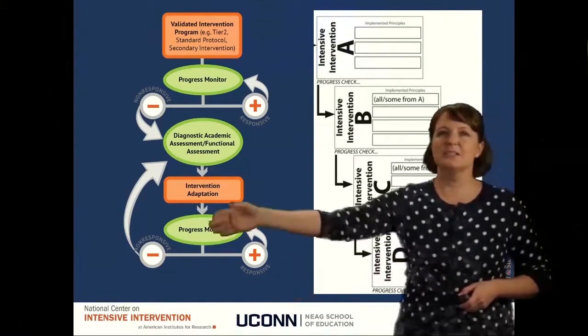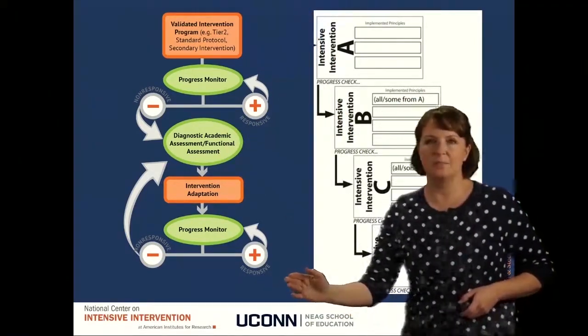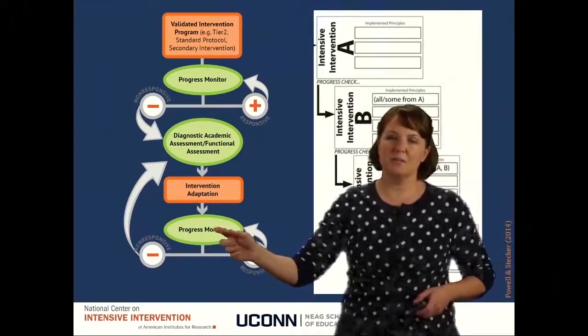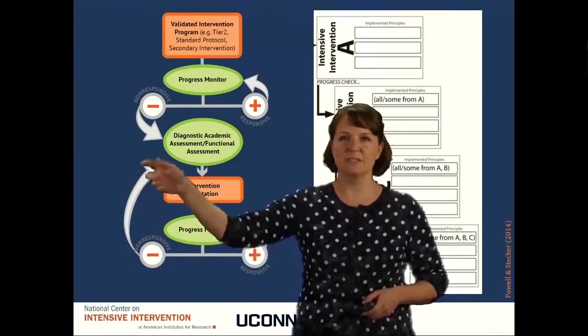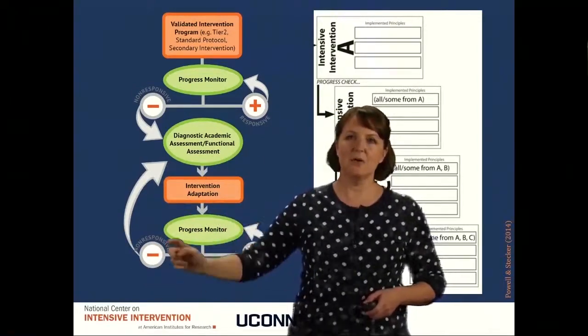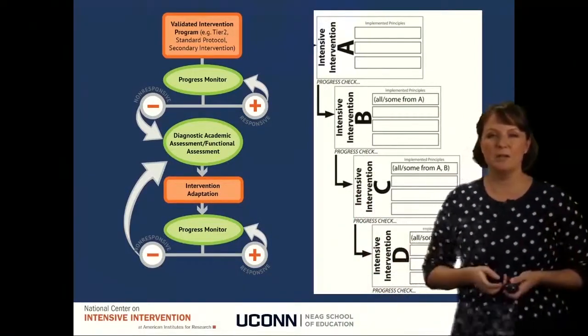And so that's why this is a process. It's not just a linear thing from top to bottom, but I'm always progress monitoring those adaptations to determine whether students are responsive or non-responsive. And this is a cycle that we go through with students until they really don't need our help anymore.